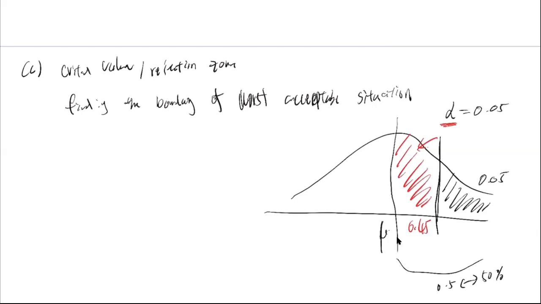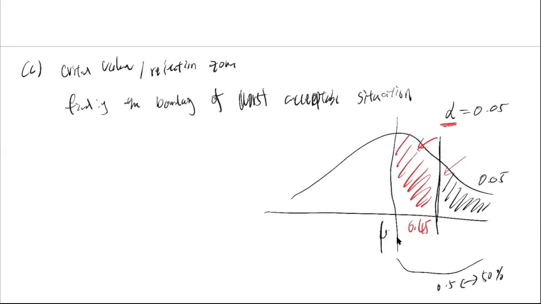It's not significantly higher than the average normal person's blood pressure. But if the measurement of that person is greater than this boundary here, that means the person actually has higher blood pressure because it is greater than our worst situation for a person to be considered as normal.